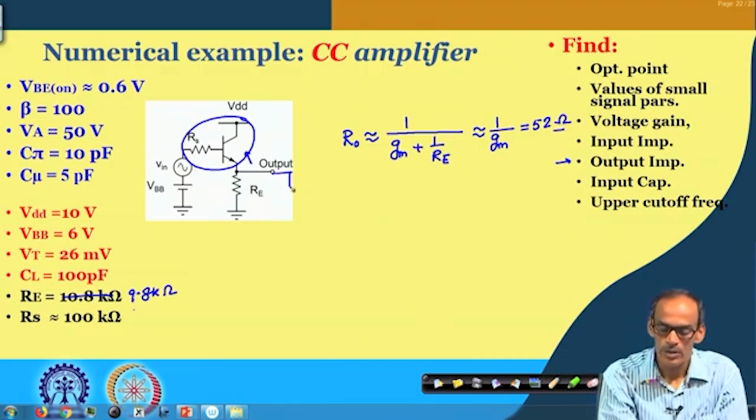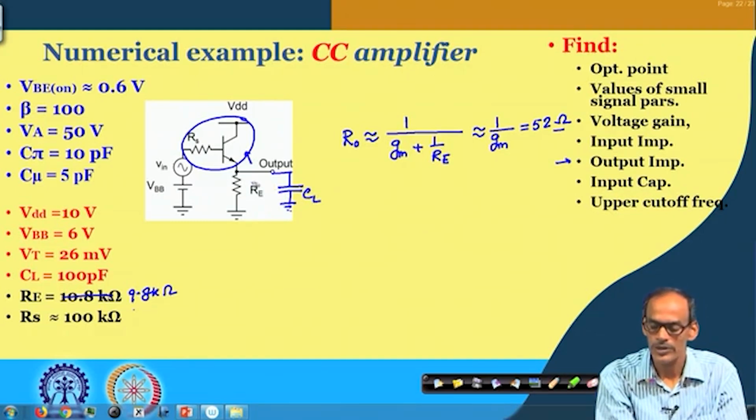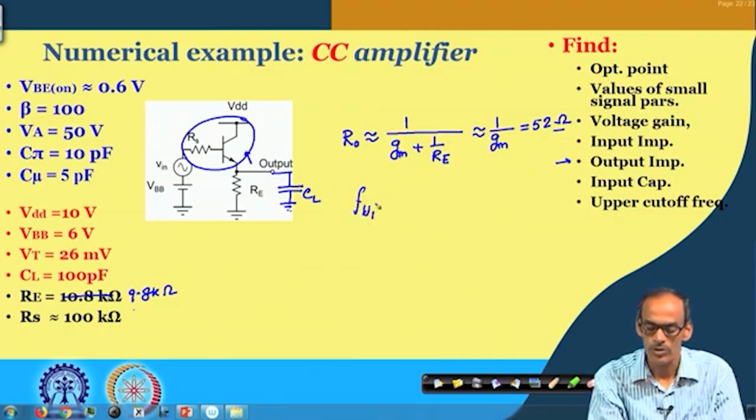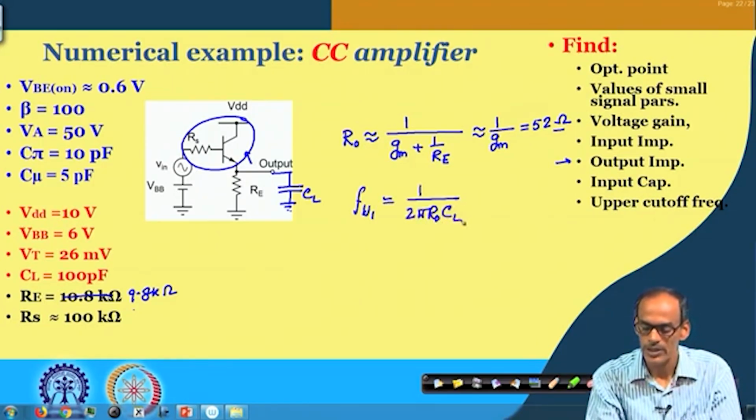So, now consider the upper cutoff frequency, considering the CL and the output resistance. The upper cutoff frequency coming from the output node, call it f U1, is equal to 1 by 2 pi R o into CL.